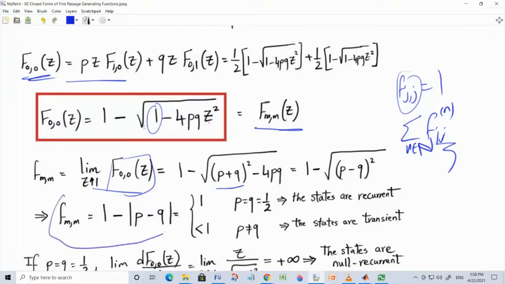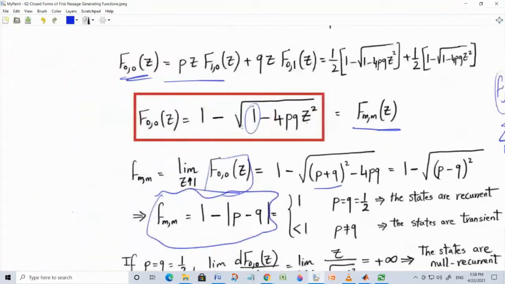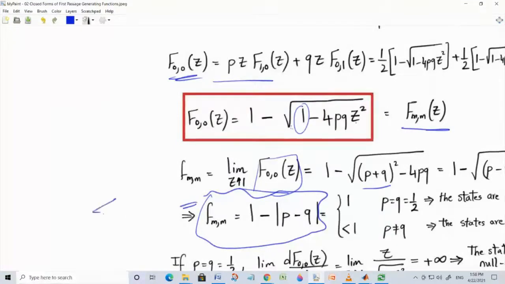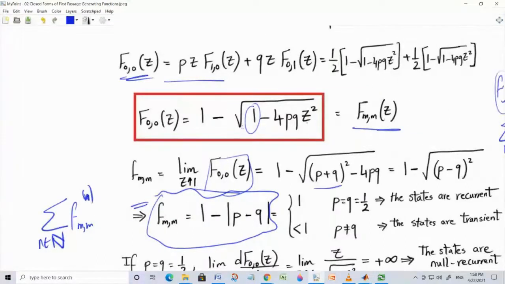So this is the expression of F_mm, which is the summation of F_mm(n), where n is a natural number. Basically it is the total, the sum: the probability that in some finite number of steps you will enter into state m for the first time, starting from m itself. Now what we obtained is that this is equal to 1 minus the absolute value of the difference between p and q.